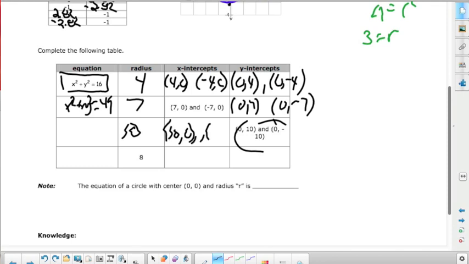And negative 10, comma 0. Wait, how'd you get 49? Well, 7 squared is 49. So here this equation is x squared plus y squared is equal to 100. This one is the easiest one involved because it's actually given the radius.